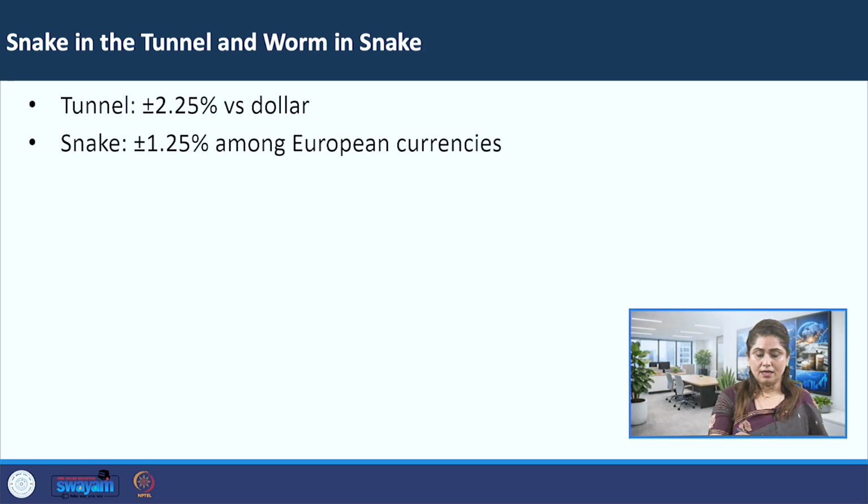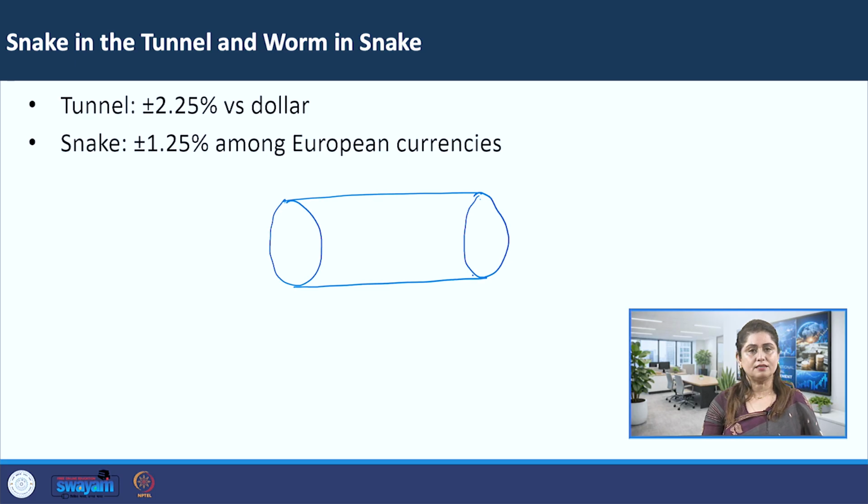Now, here, the tunnel, let's draw it and understand it in a better way. Let's say this is a tunnel. Now, in this tunnel, the movement of the currency was plus minus 2.25%, right?